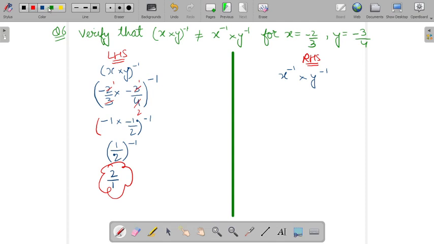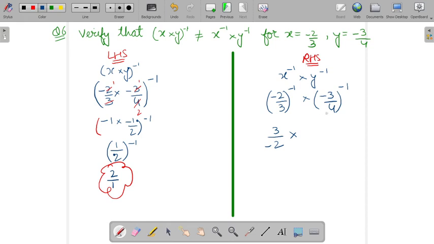You have to find out 1 upon 2 inverse, or reciprocal. So it would be 2 upon 1, or you can write it as 2 only. Now next the RHS: x inverse, minus 2 by 3 inverse or reciprocal, multiply y inverse or y reciprocal. Now what will you do? You will write the reciprocal of minus 2 by 3. So it would be 3 upon minus 2, multiply.